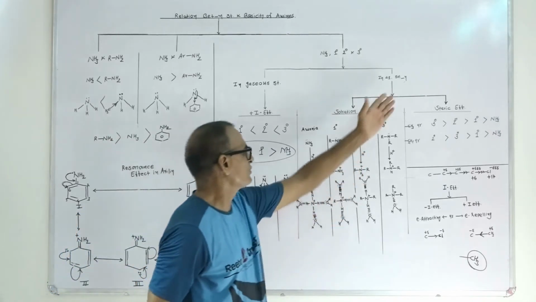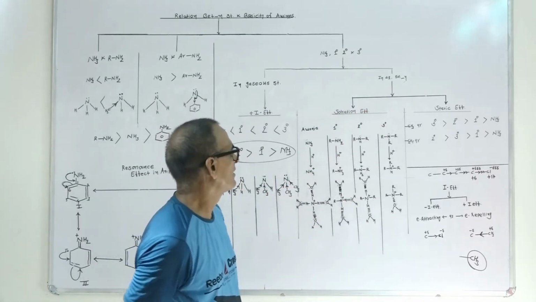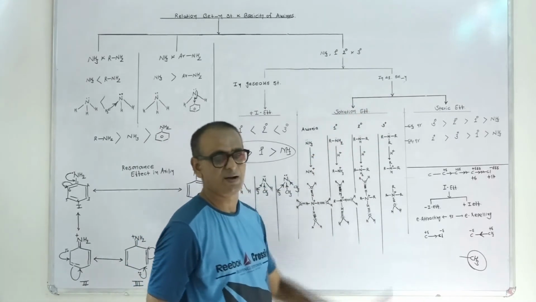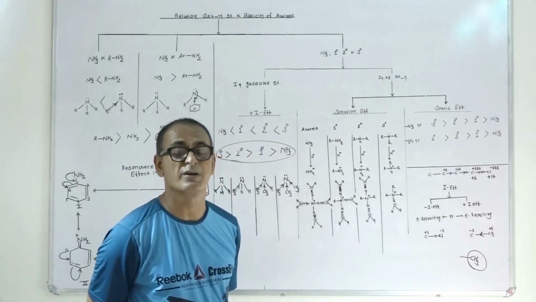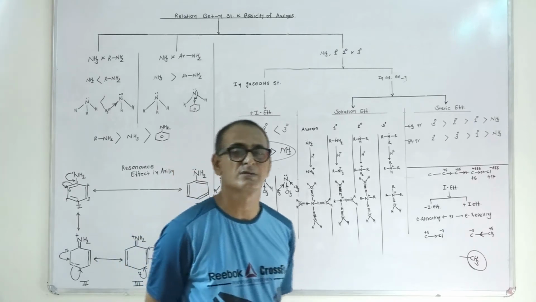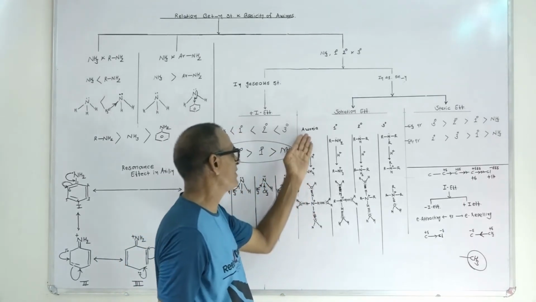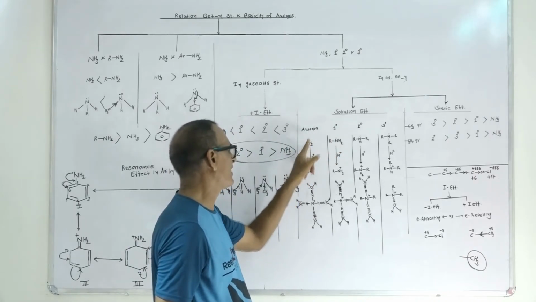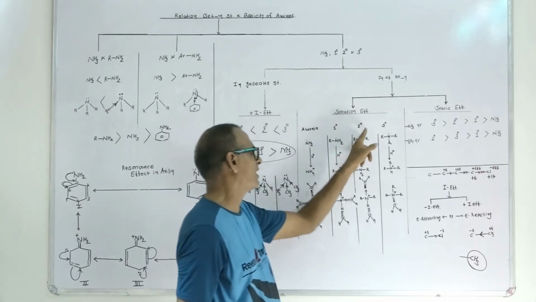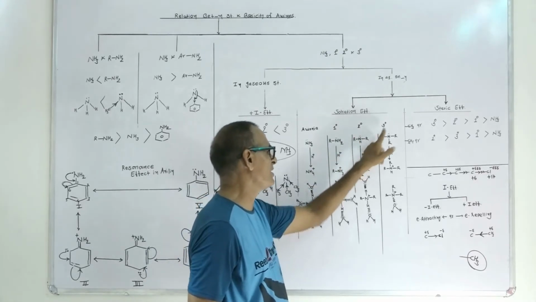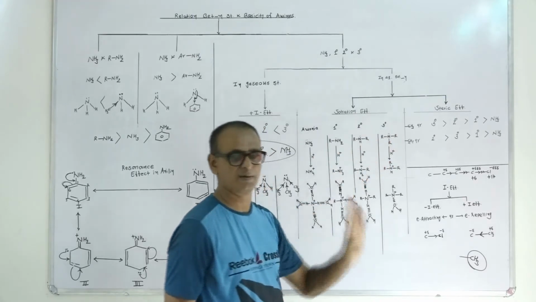In aqueous solution, solvation effect is the most important factor to determine the basic order of compounds: ammonia, NH3, RNH2, this is primary amine, RNHR, this is secondary amine, and RNRR, this is tertiary amine.